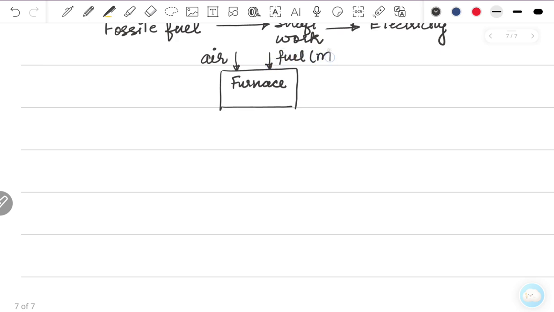Let's say m dot f is the mass flow rate of fuel and m dot a is the mass flow rate of air. Inside, the burning will take place and heat will be generated. Now this heat, let's say Q1, is transferred to the boiler.